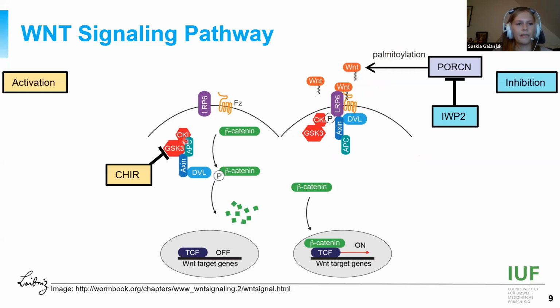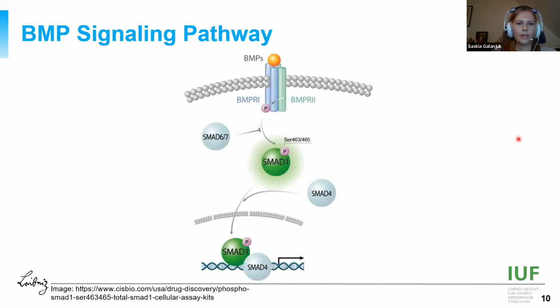So in general, we have an activation on the left side with CHIR and an inhibition of the Wnt pathway using IWP2. And the BMP pathway is simply activated by adding BMP4, leading to the dimerization of SMAD1 and SMAD4 entering the nucleus. So being able to modulate these pathways, we adapted the protocol for cardiomyocyte differentiation from Zhang et al.